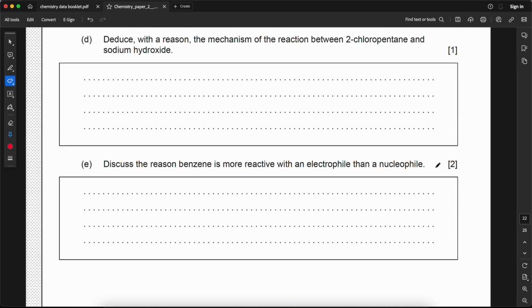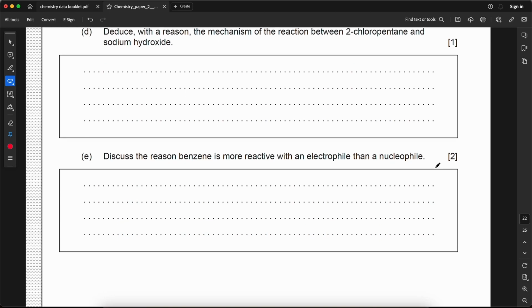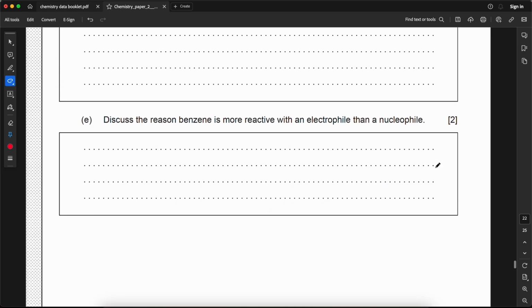Deduce with a reason the mechanism of the reaction between 2-chloropentane and sodium hydroxide.